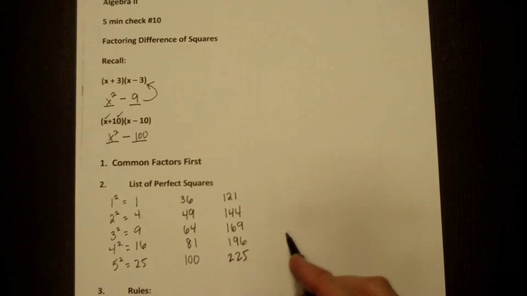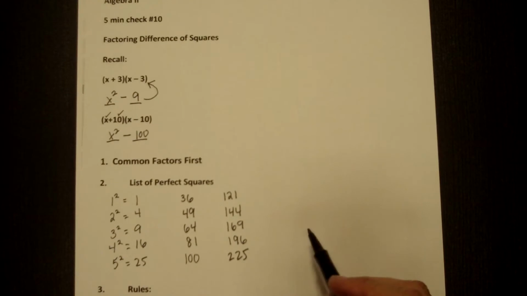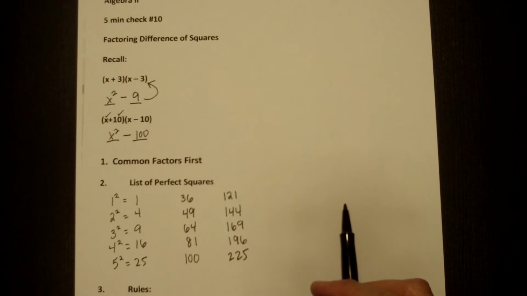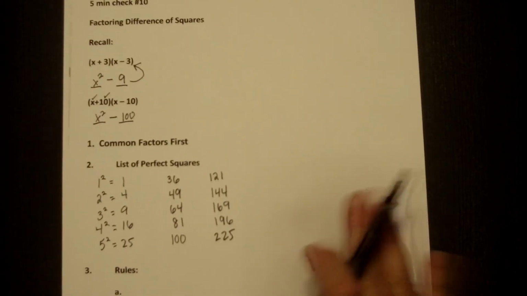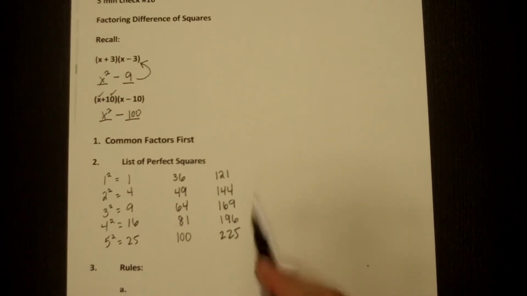I think that you will probably have to use at least up until 225, but you may also have to know some bigger ones. So it's probably to your advantage to practice making these up pretty far, maybe up to 20 squared, or even bigger, 25 squared, or more.